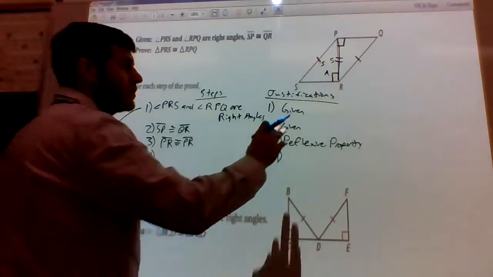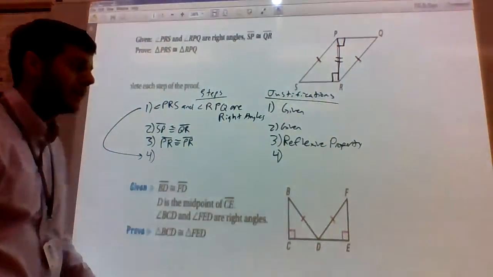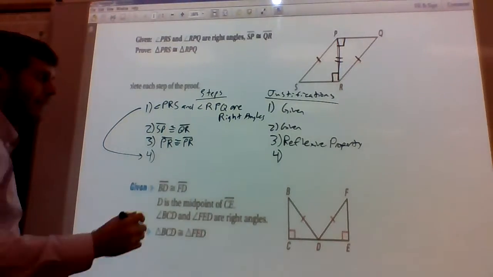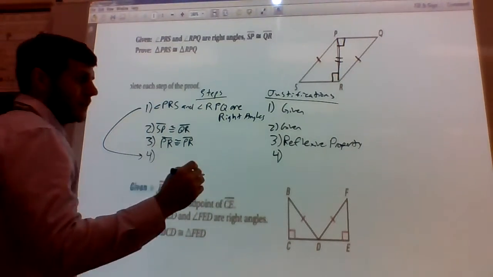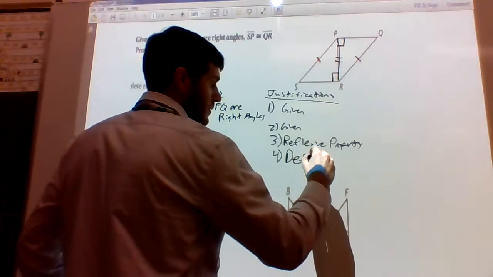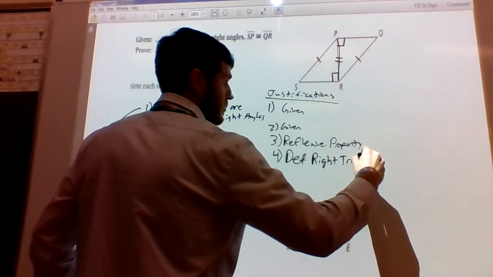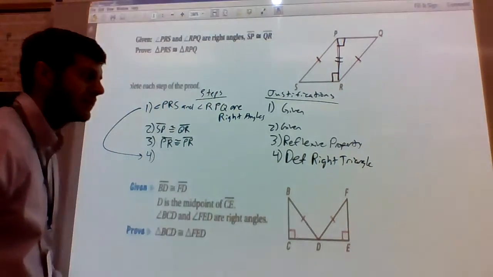So instead of using angle side side, which we can't use, since we have right angles, we want to look to use hypotenuse leg. The definition of a right triangle on your reference sheet says a right triangle is a triangle that has a right angle.